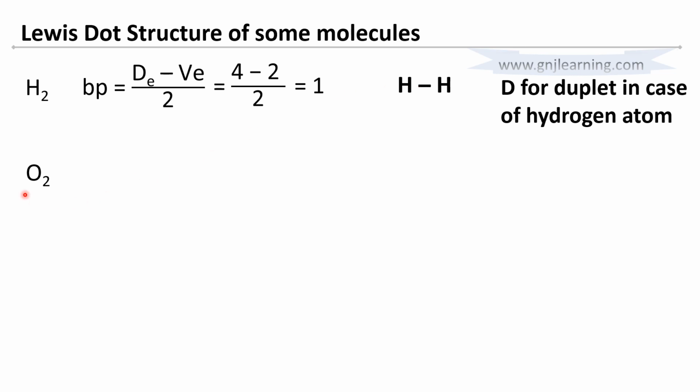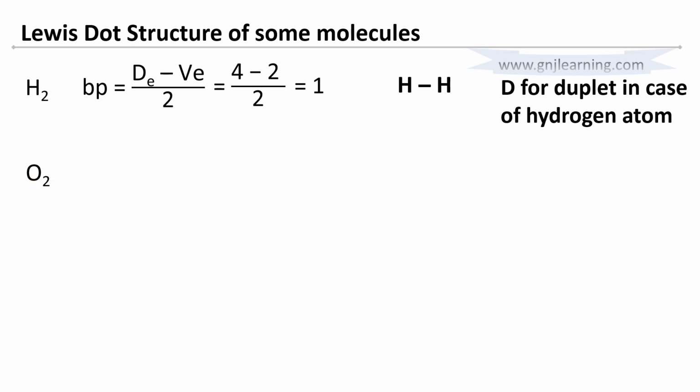Next is oxygen. In the case of oxygen, it is not a doublet, it is back again to an octet. For one oxygen we need 8, so the required number of electrons for octet will be 8 plus 8, 16.